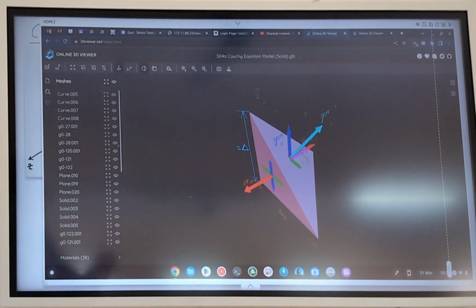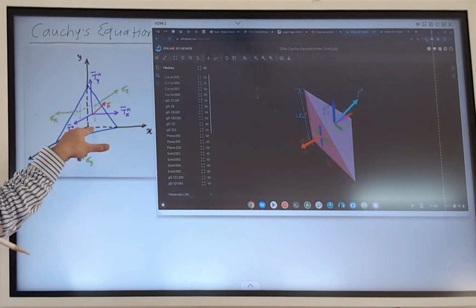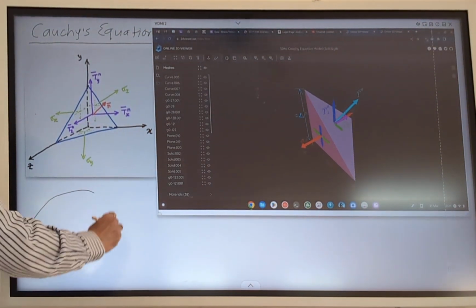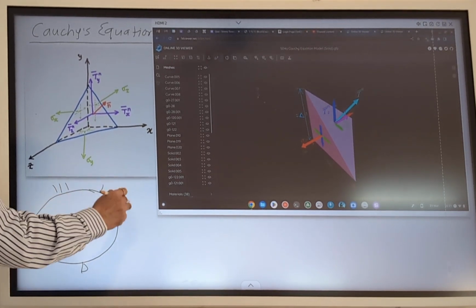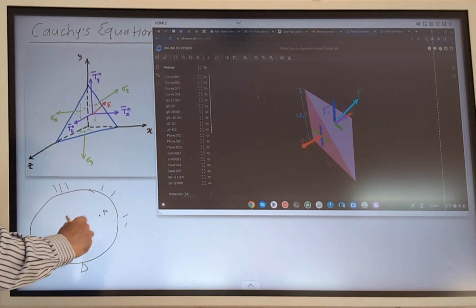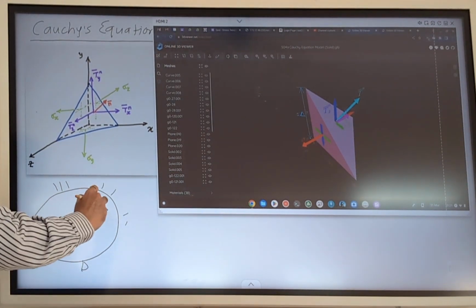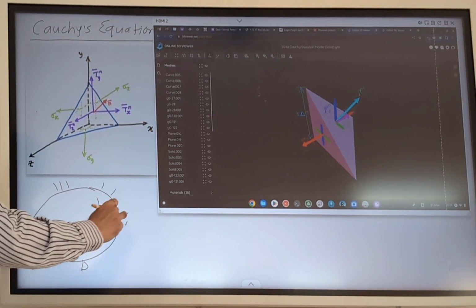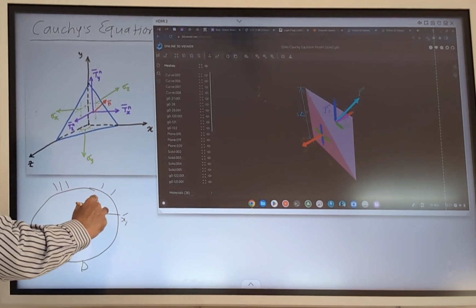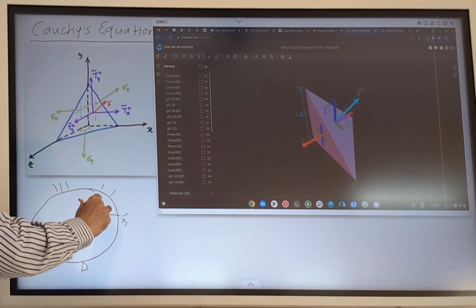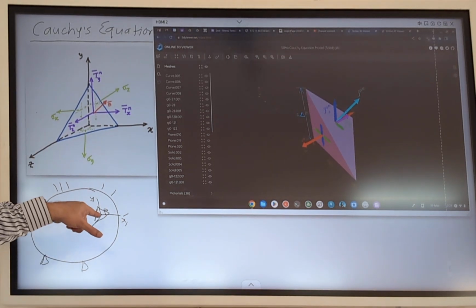So we have taken some point in the body. This particular point that we are talking about is some point in the body which is having some support, some loading and so on. About this particular point, we have drawn the xyz coordinates, and the tetrahedron you see here is constituted at this point.